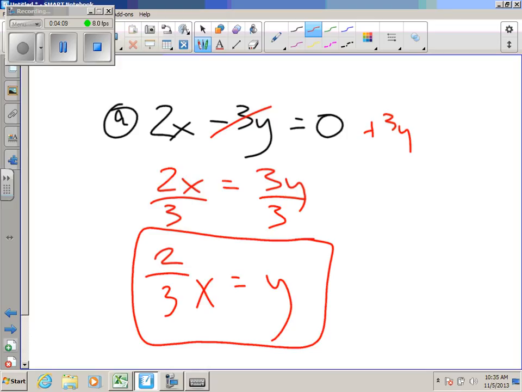Two-thirds. Two-thirds is our constant of variation, because each time we'll multiply x by 2/3. Okay. All right. And the next one, negative x plus y equals 4.